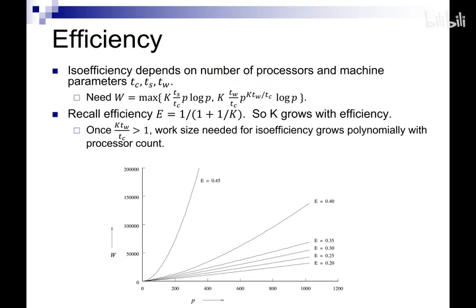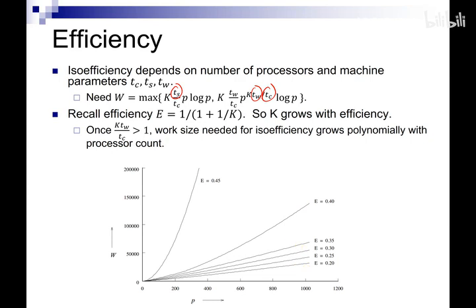I forgot to add those in here, but I'll do that later. The work involves these parameters, the TS, the TW, and the TC. For a certain setting of these and a certain setting of E, you get a k value, and then if you plug that in, you get these different plots.